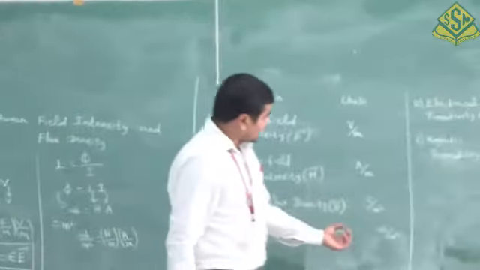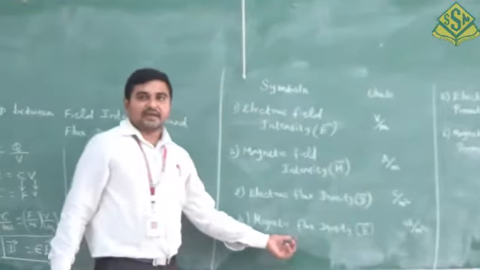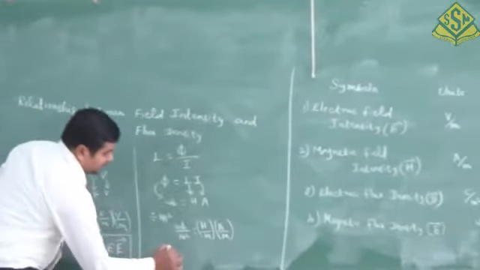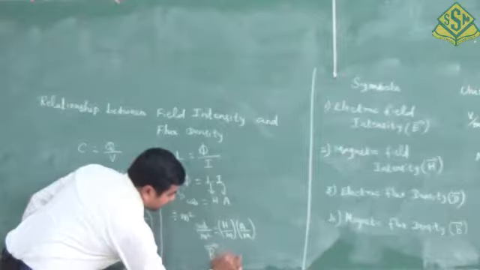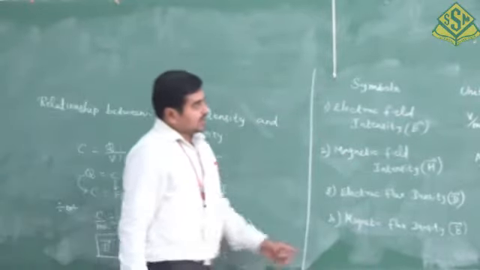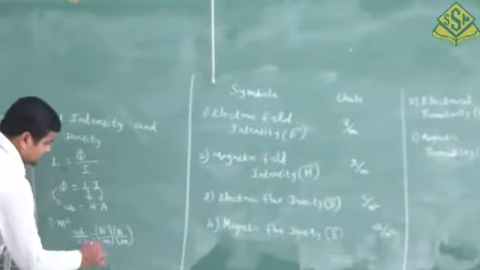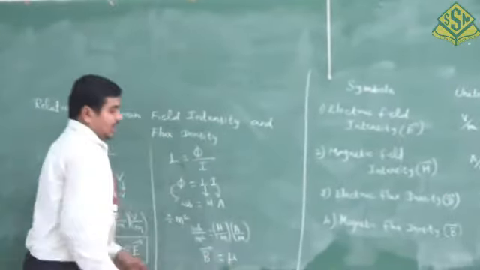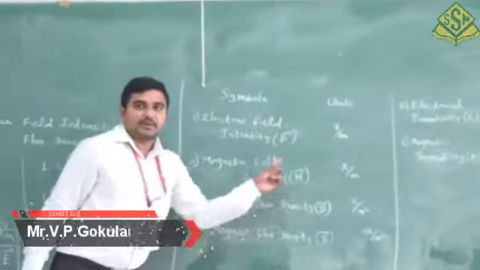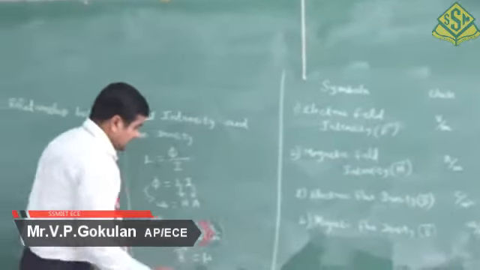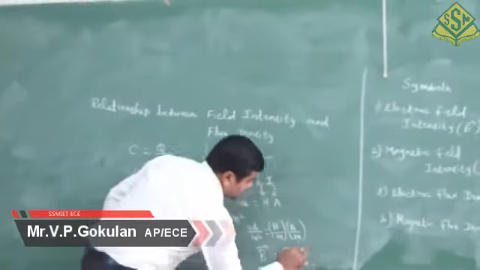Now we check the Weber per meter square here. Weber per meter square is for magnetic flux density, that is B vector, is equal to Henry per meter. It is the unit of magnetic permeability, that is mu, and ampere per meter for magnetic field intensity, that is H vector.